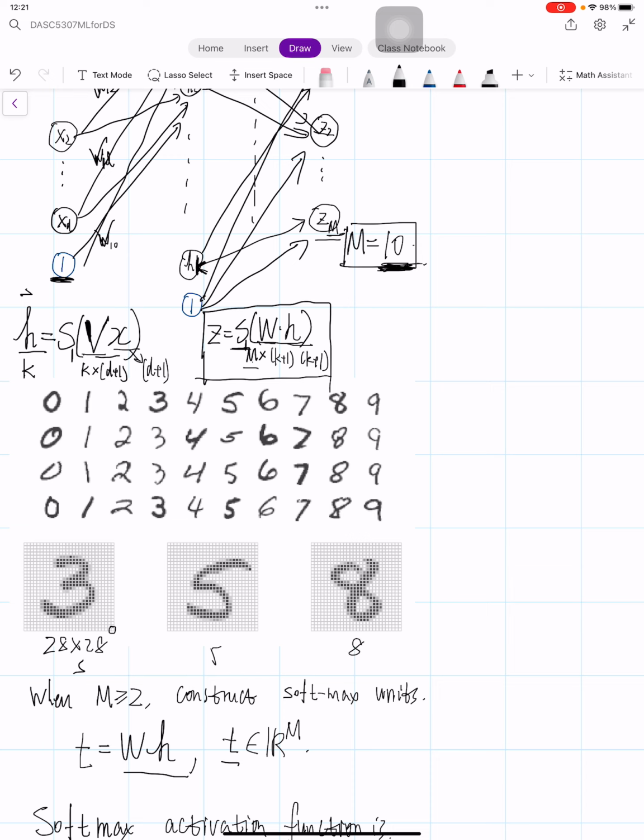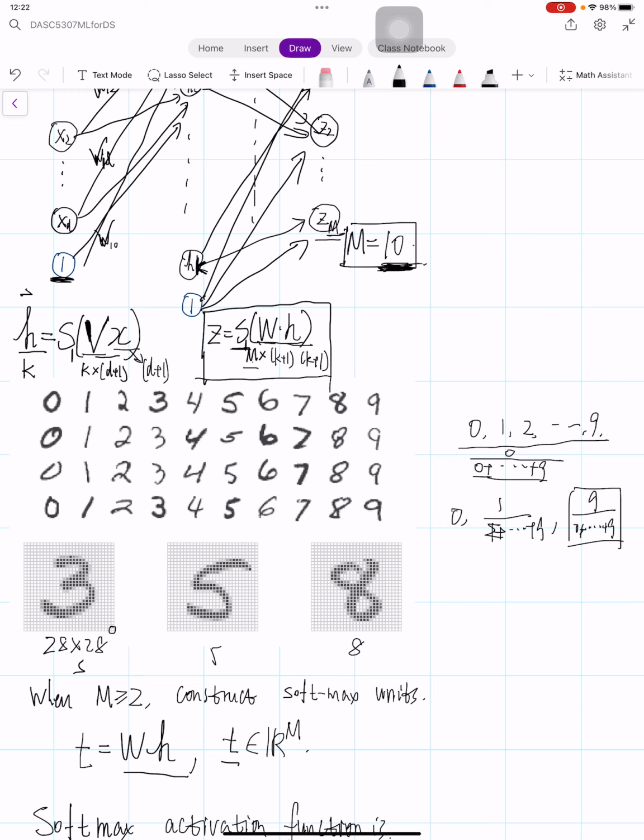One trick we can do is to use label 0, label 1, 2, up to 9, and for each label we normalize by the summation. So the first unit is 0 over the summation of 0 up to 9, the second one is 1 over the summation, and so on up to 9 over the summation.